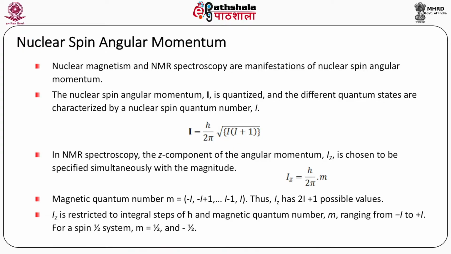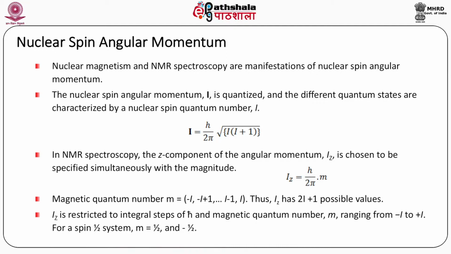Nuclear spin angular momentum. Nuclear magnetism and NMR spectroscopy are manifestations of nuclear spin angular momentum. The nuclear spin angular momentum I is quantized, and the different quantum states are characterized by a nuclear spin quantum number I, and it is given as the magnitude of I equal to h cross, which is h by 2 pi, times the square root of I times I plus 1. In NMR spectroscopy, the Z component of the angular momentum Iz is chosen to be specified simultaneously with the magnitude.